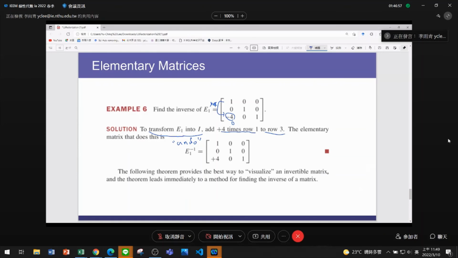And that row operation means exactly the inverse of E1. So inverse of E1 becomes this one, where the first row should be multiplied by 4, and then added to the third row, operated on the identity matrix.